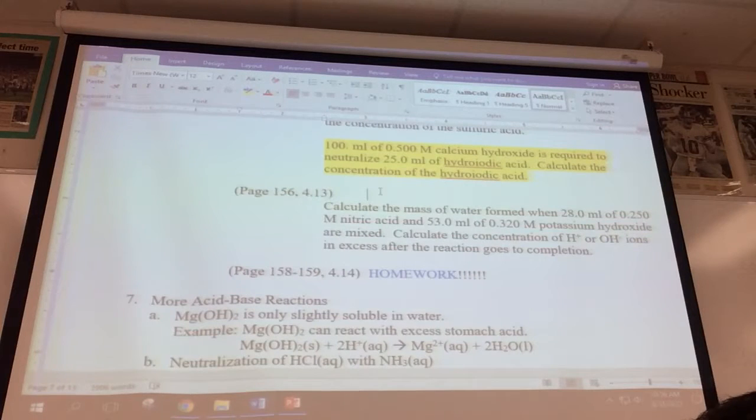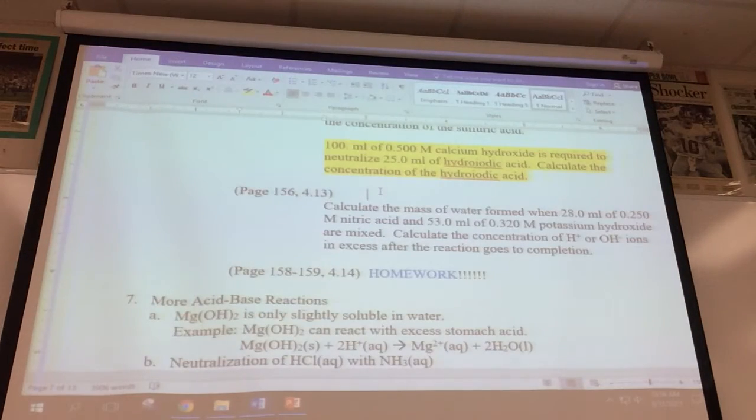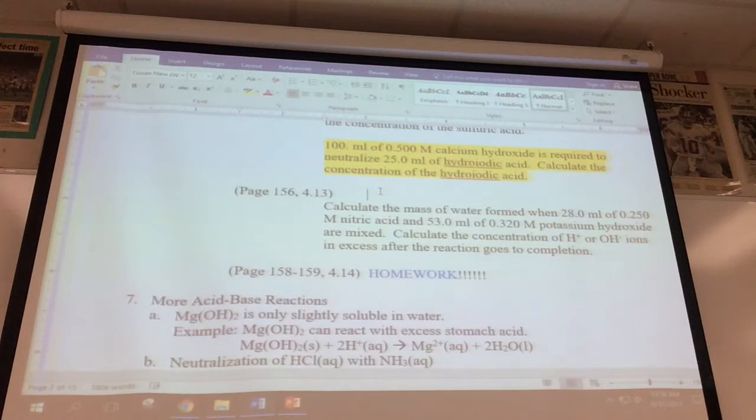Water is going to use the H from hydrochloric acid and the hydroxide to end up with calcium iodide. Because it's hydro, if it's hydro, it's binary.